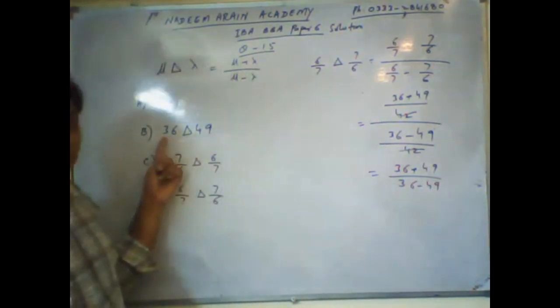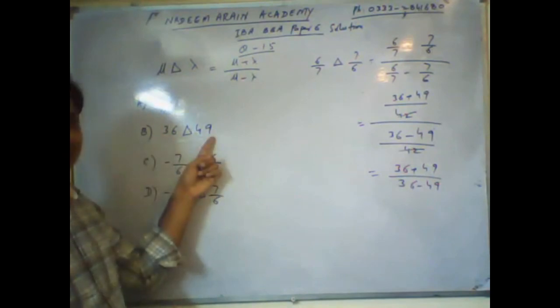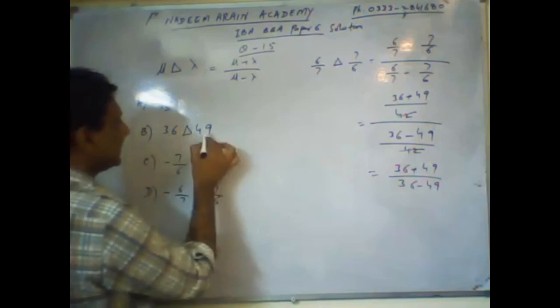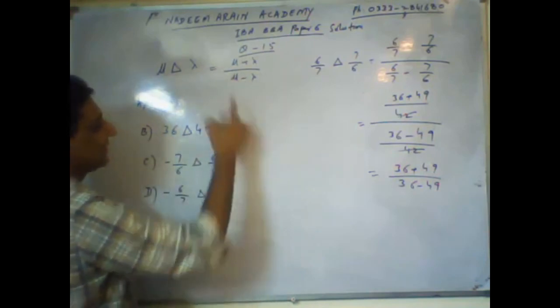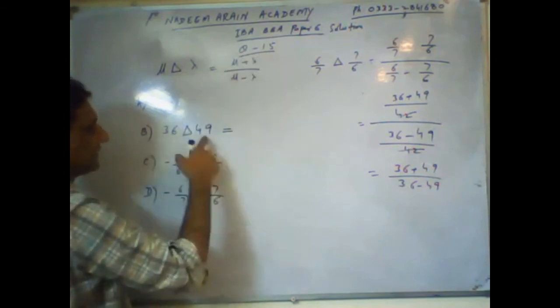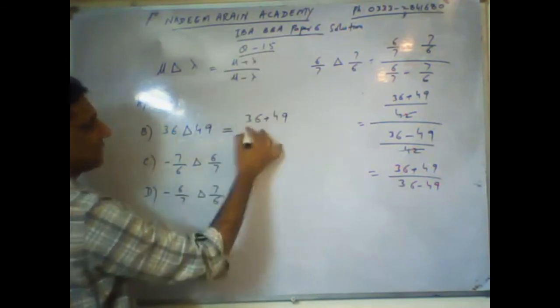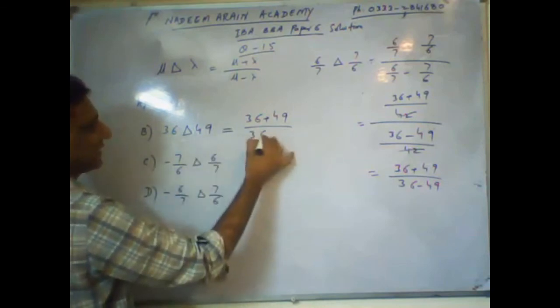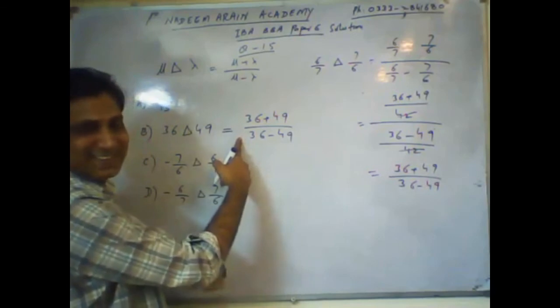Do you see this in option B? Using this formula, mu plus lambda, 36 plus 49, over mu minus lambda, 36 minus 49. Are they equal? Yes, that's it.